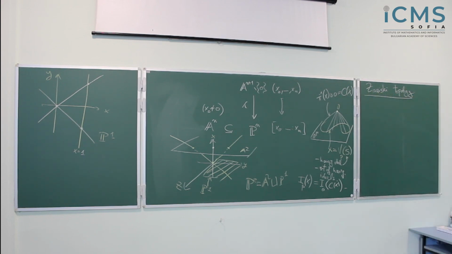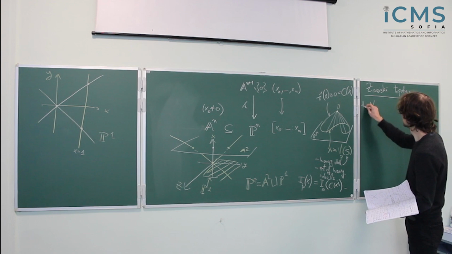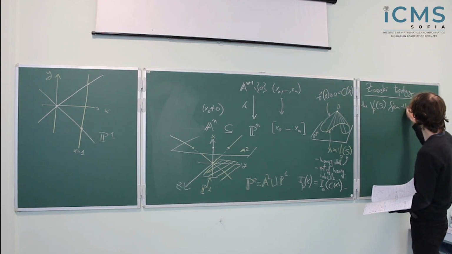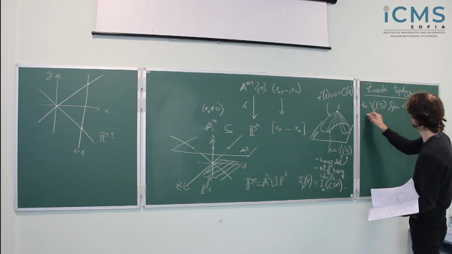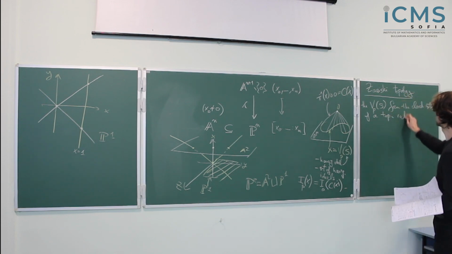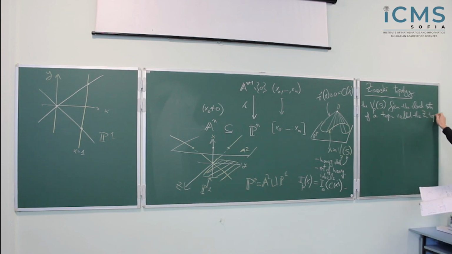The topology will be made of, as you can imagine, these sets here. Okay? So the VP of S form the closed sets of a topology. So we need to say some basic formal arguments.